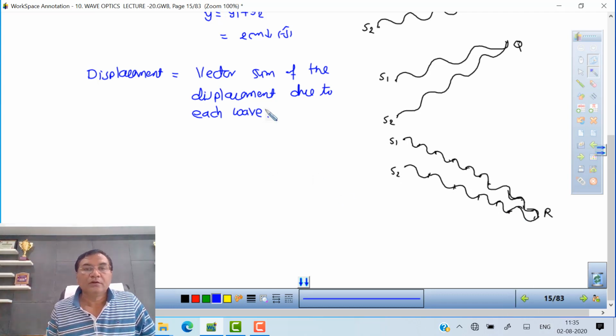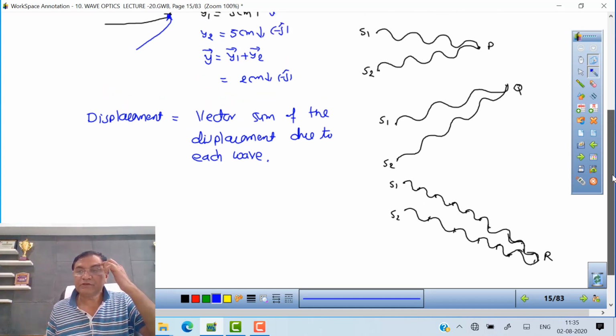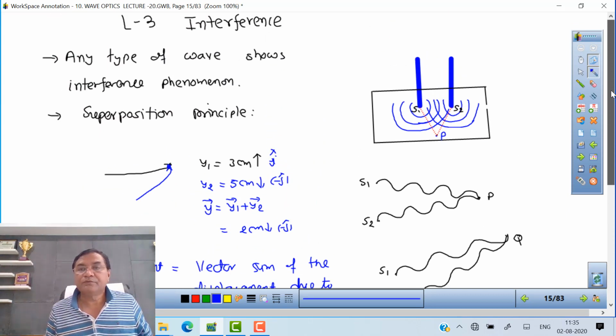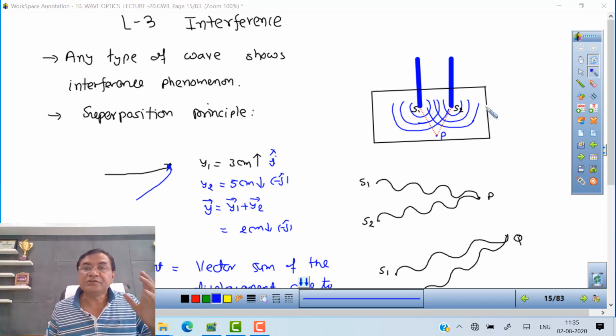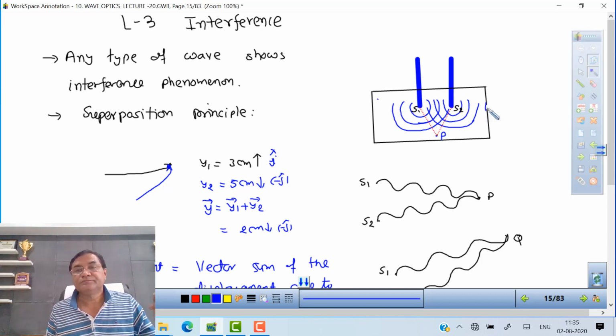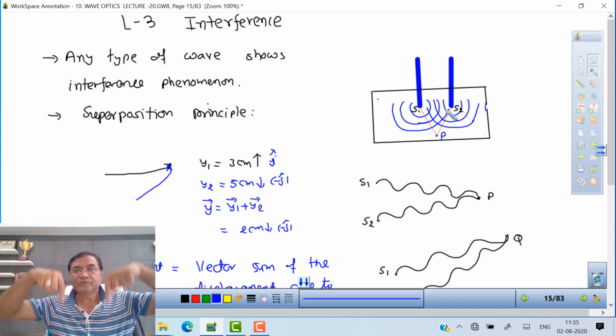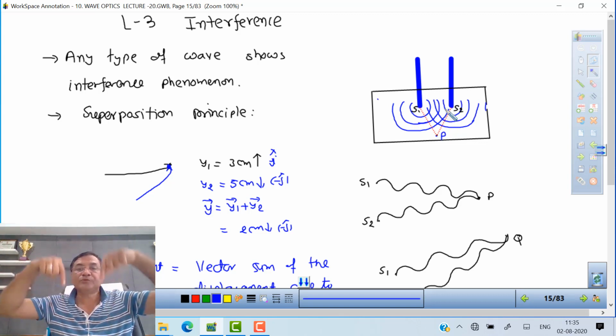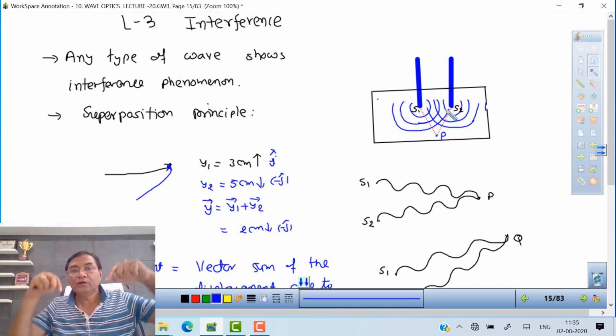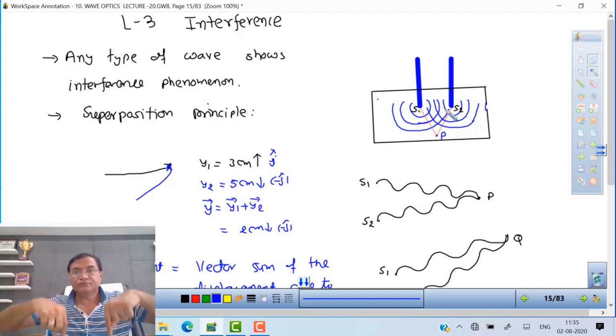To explain this interference, first I take the example of waves propagating in water. So suppose this is the field with the water. It is a water tank. And these are two vertical rods oscillating up and down perpendicular to the surface of the water with the same speed, going up, down, up, down.